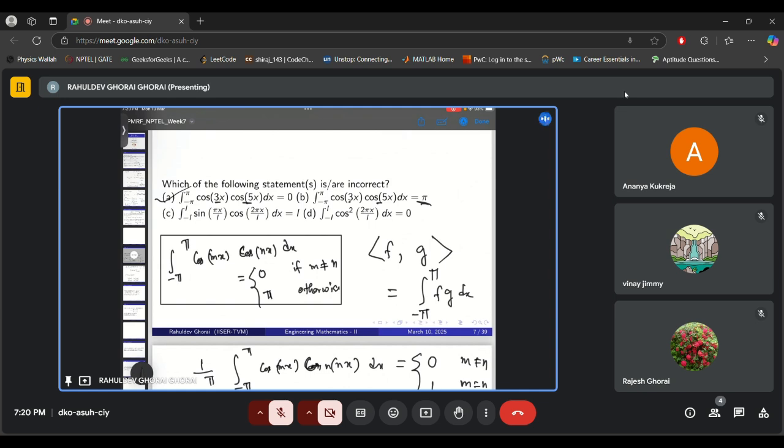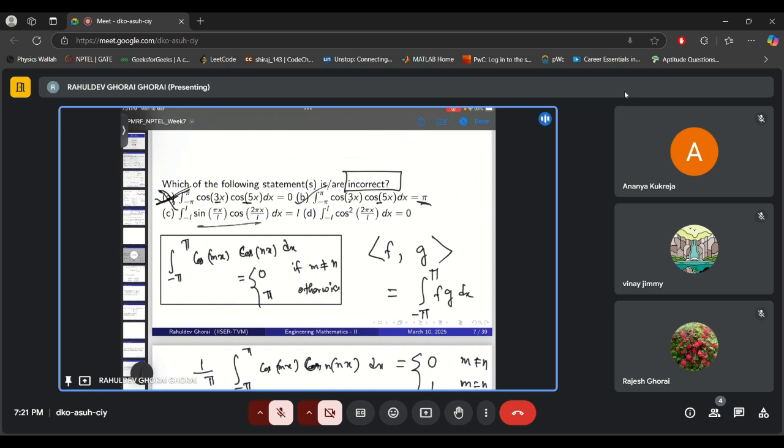One thing you have to remember is that it's asking which one is incorrect. So whichever is actually correct, you have to cross it out. So this one is incorrect.